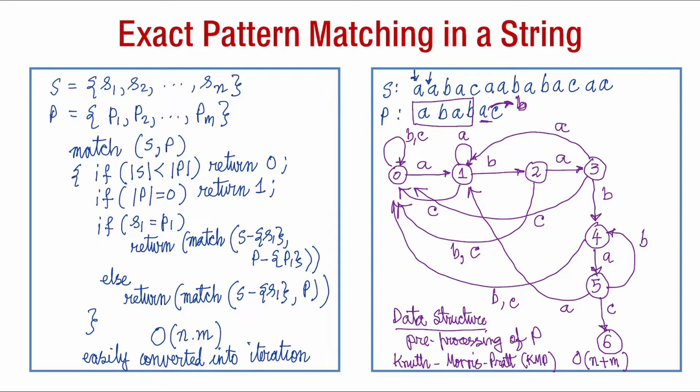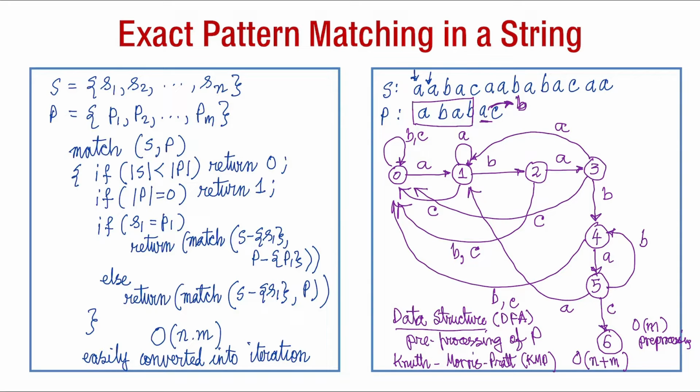I will not do it there. I just wanted to highlight how from our original algorithm we can do an order m pre-processing to develop this data structure called a deterministic finite automata, which will help us reduce significantly the number of steps I need to go back onto the string as I move ahead.